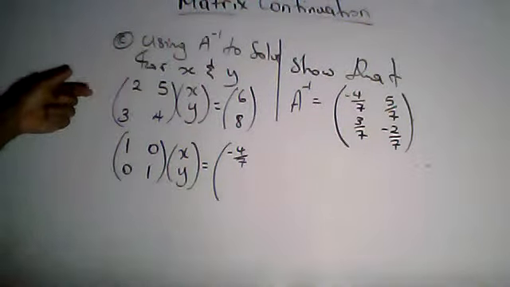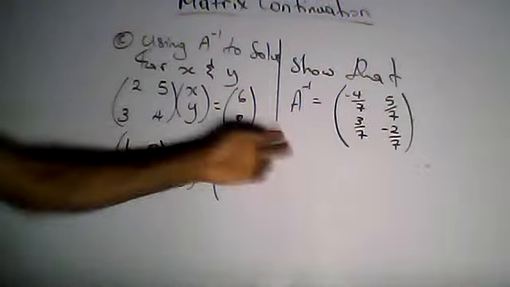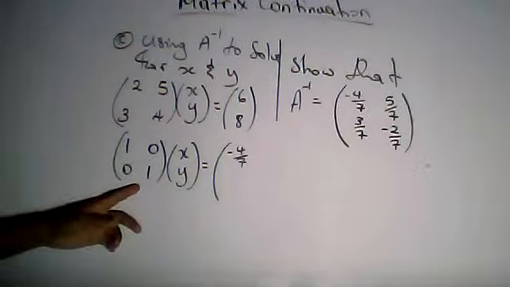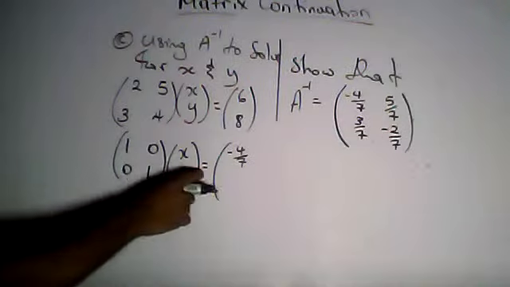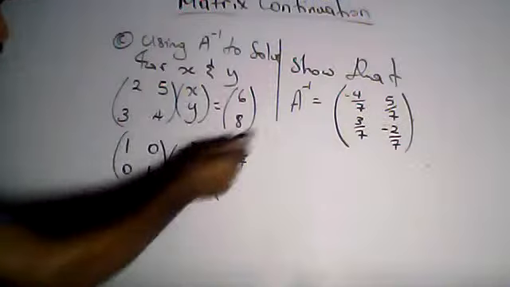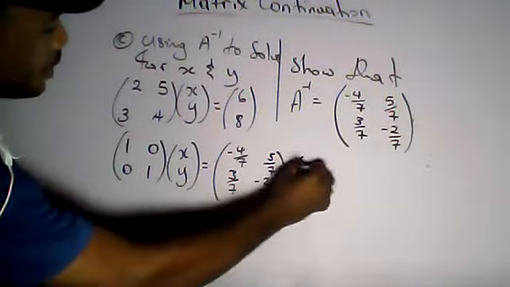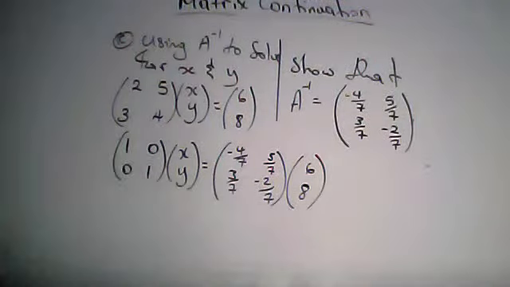Now, because I know that using the inverse to multiply both sides, multiplying the left-hand side, I'm going to get the identity matrix, which is 1 0 0 1 with the variables x and y, and it's going to be equal to the inverse times what the equations were equal to, minus 2 over 7 times 6 and 8. That's all I'm going to do, and then I'm going to multiply this and solve.